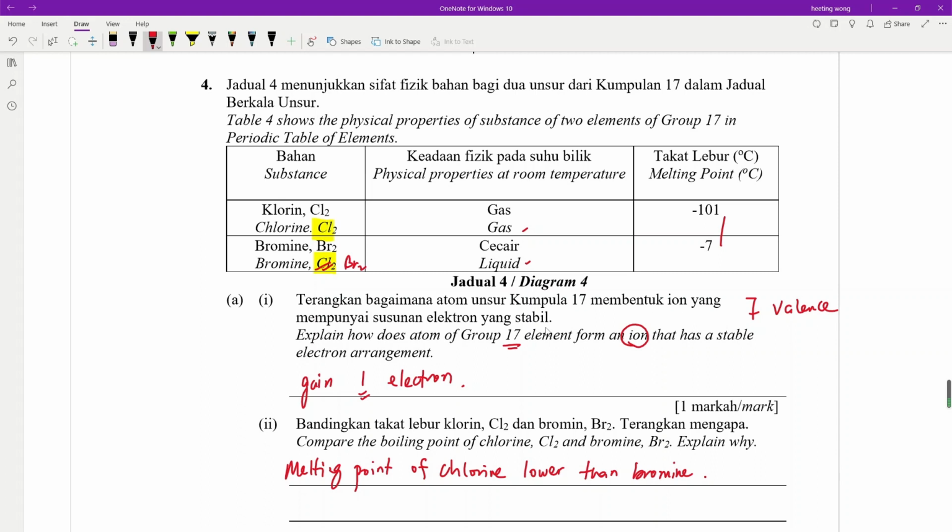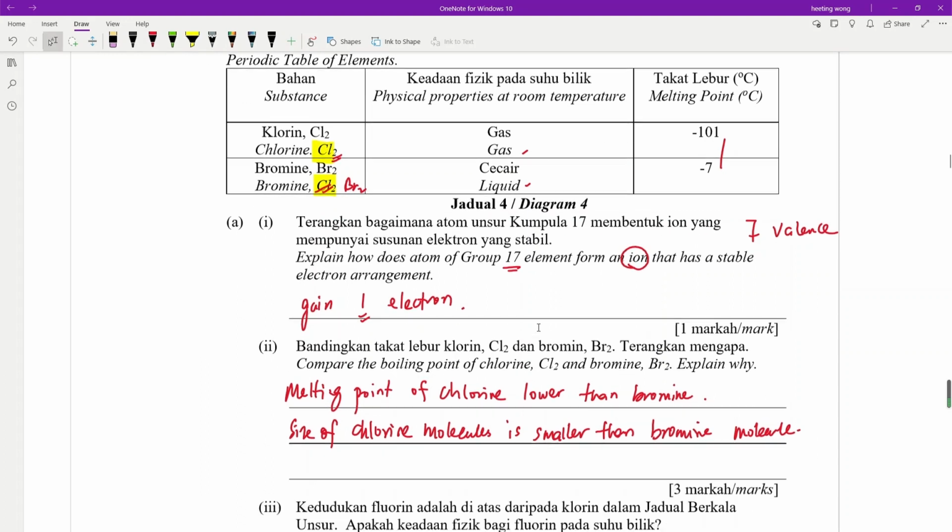Why? First you need to mention the molecular size of chlorine molecules. Here we have to mention molecules because we are talking about chlorine molecules and bromine molecules. So the size of chlorine molecules, or molecular size of chlorine, is smaller than bromine molecules.